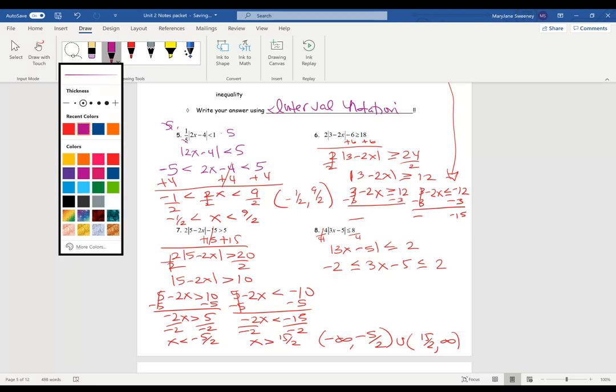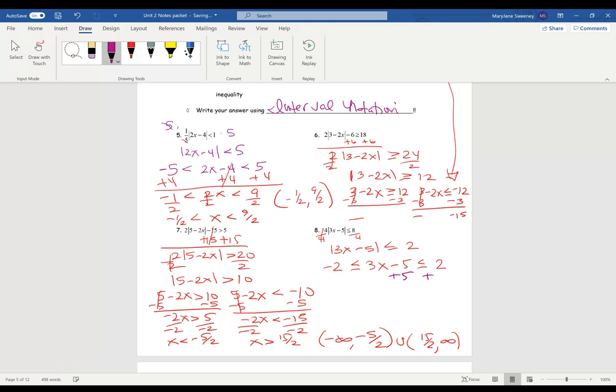And then I solve, add 5. It's like I'm solving two inequalities at the same time. Divide by 3. 1 is less than or equal to x, which is less than or equal to 7/3.